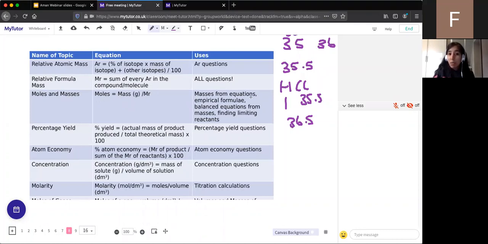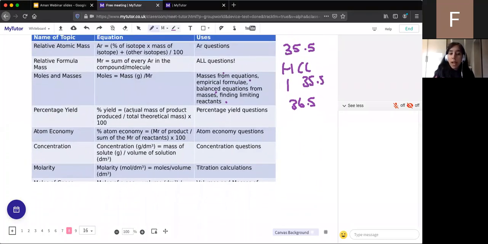And this is just saying that we use it in empirical formulae, balanced equations from masses, finding limiting reactants, and masses from equations. The percentage yield is equal to the actual mass of the product divided by the total theoretical mass. So often in reactions, we'll produce, say, a mass of something that is 1.2 grams, but when we calculate it, you might actually be able to produce 2 grams of it.